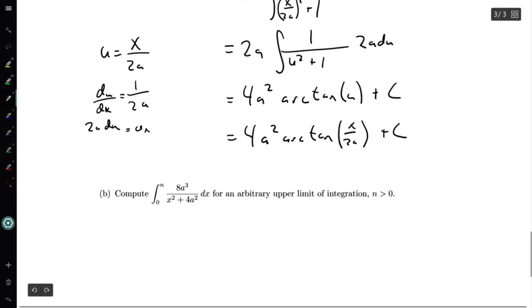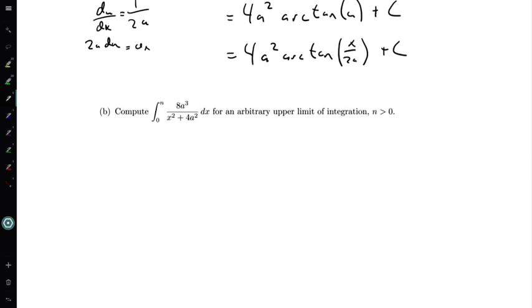We want to maybe use this in part B, which is asking us to compute the integral from 0 to n of the same function for an arbitrary upper limit of integration, some positive n value. So we know that in order to do this integral, 8a cubed over x squared plus 4a squared dx, all we have to do is find an antiderivative, evaluate at the upper endpoint, evaluate at the lower endpoint, and subtract.